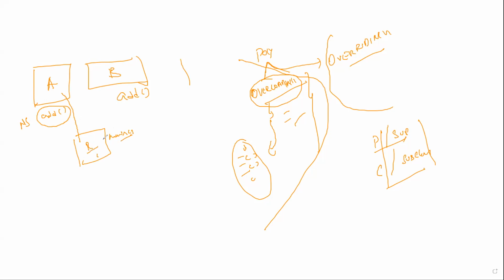what should I do, Soumya? Can you repeat the question? There is a class A, class B, and there is an add method in class A, which is a non-static method. I need to call it in the runner class. What do I need to do?